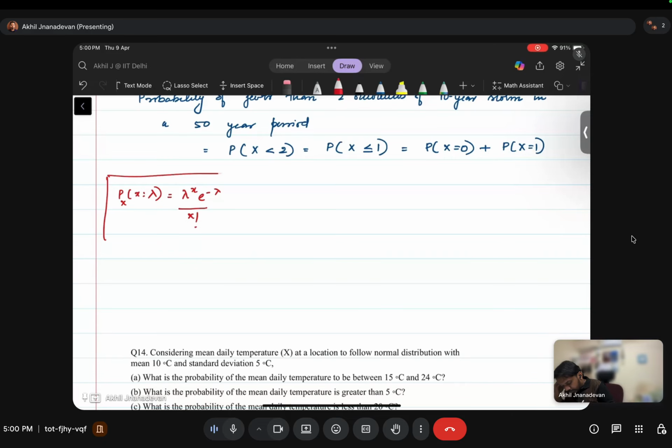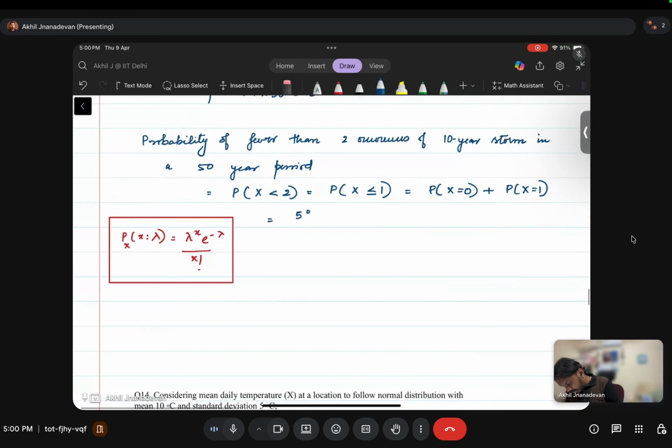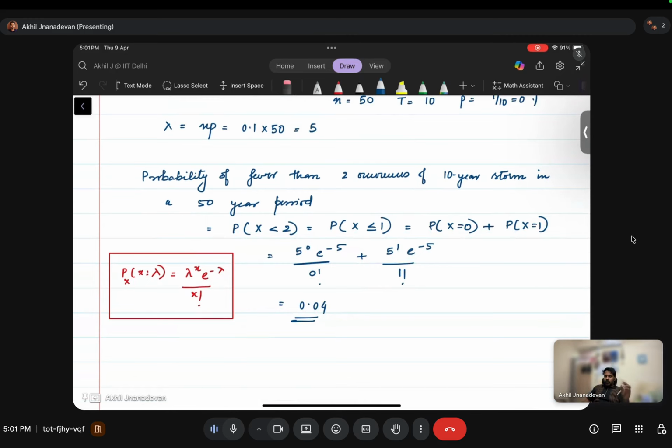So for x equal to 0, lambda is 5: 5 raised to 0 e raised to minus 5 divided by 0 factorial, plus 5 raised to 1 e raised to minus 5 divided by 1 factorial. This adds up to 0.04. This is the probability of fewer than two occurrences of a 10-year storm in a period of 50 years.